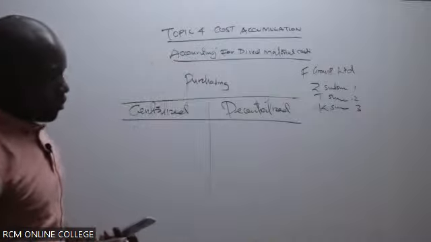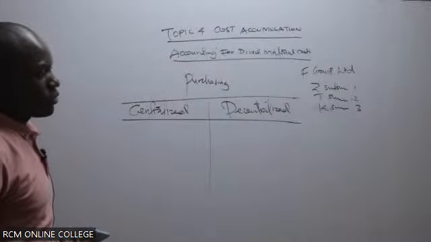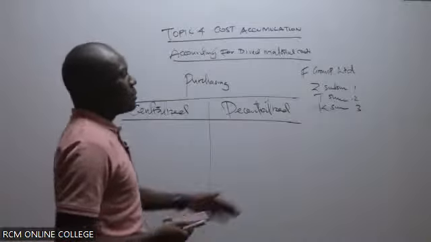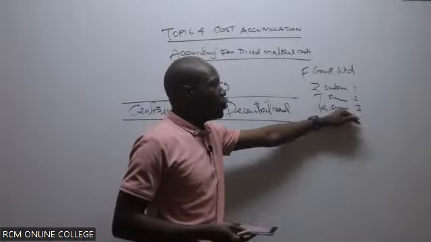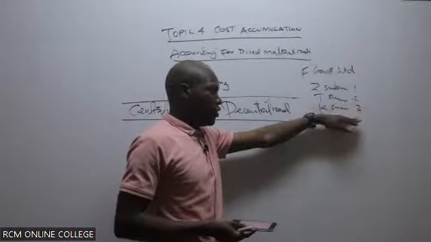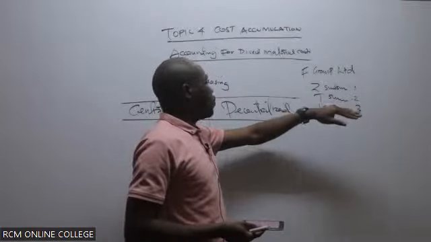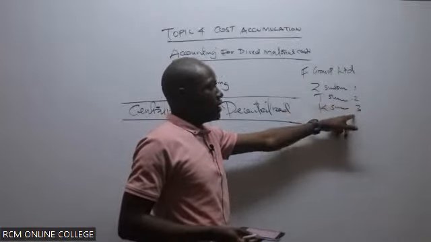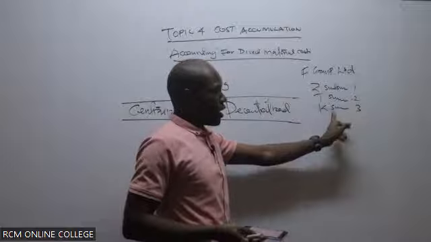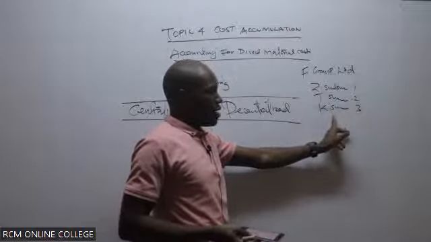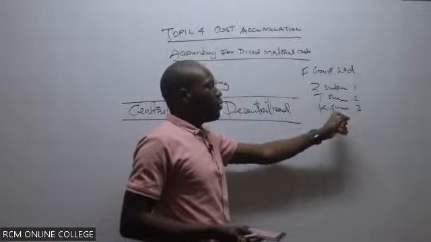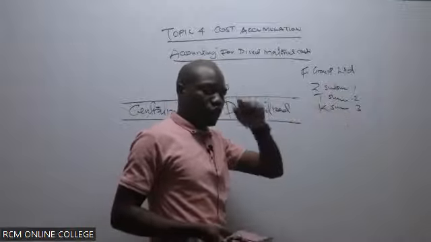Now I want to do production. Subsidiary 3 wants to do production and they need raw materials. Subsidiary 3, K Limited, wants to purchase raw materials to do production.